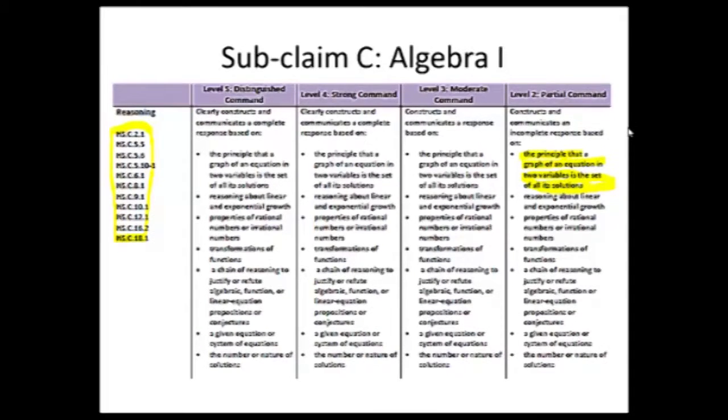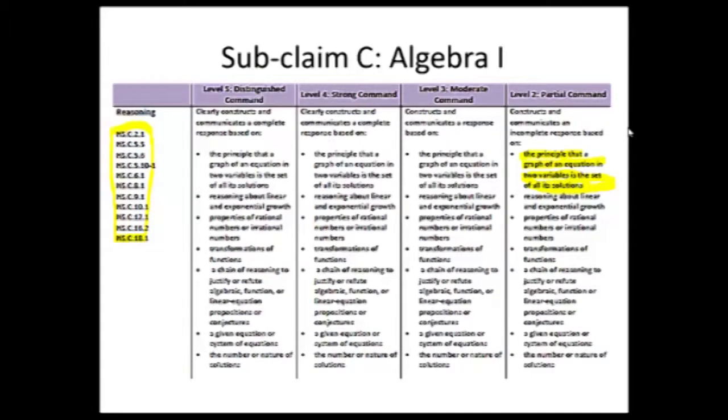You can perform at a level 3 with minor calculation errors. Level 4 requires performing precise calculations and using correct grade level vocabulary. So the moral of the story is you do not have to be perfect in your mathematical communication and your calculations to pass the test for reasoning. Now, you still have to know the content. But what they're saying is that a minor calculation error is not going to cause you to fail the test.